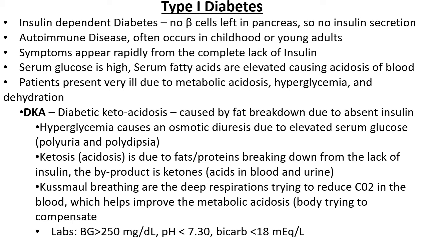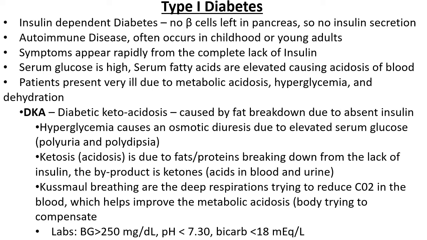Let's look at the ketones. So the ketones, which are the acids, are due to fats and proteins that are breaking down because of the lack of insulin, right? So all the fat cells in the body are saying, gee, if there's no insulin around, that must mean that the body needs energy from me.